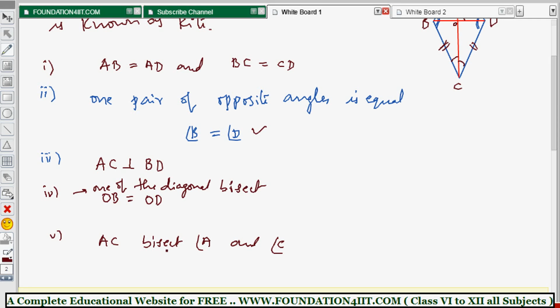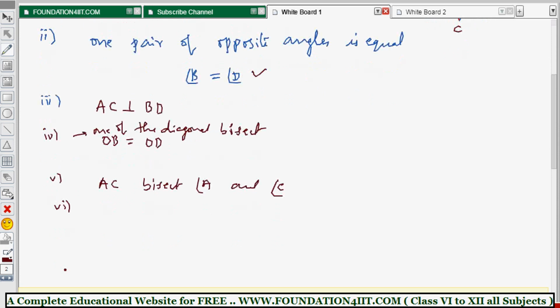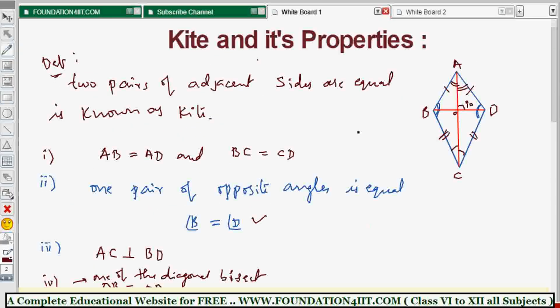And one of the diagonals bisects the kite, dividing it into two congruent triangles. So only one, not two. If diagonal AC is bisecting, we can divide the kite into two congruent triangles, that is ABC and ADC.